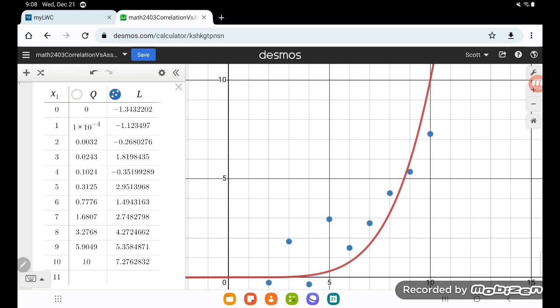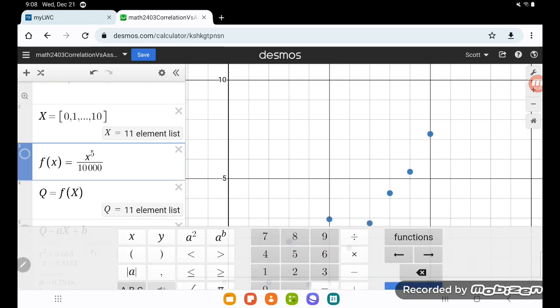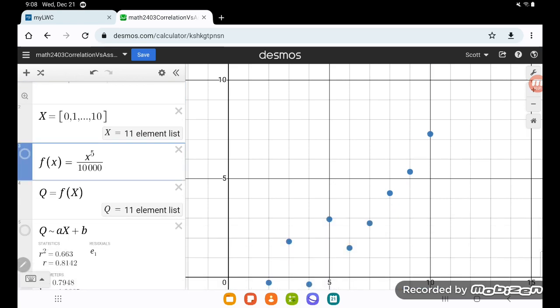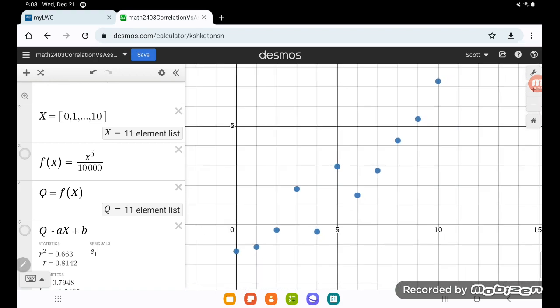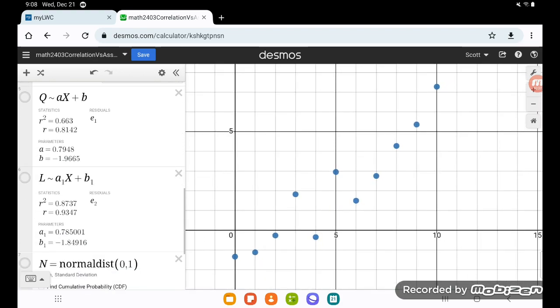And let me get rid of that stuff. Okay. And as I look at these data, they actually look not bad as far as a straight line. And if I check L, I'll try to find the best straight line to fit those data.